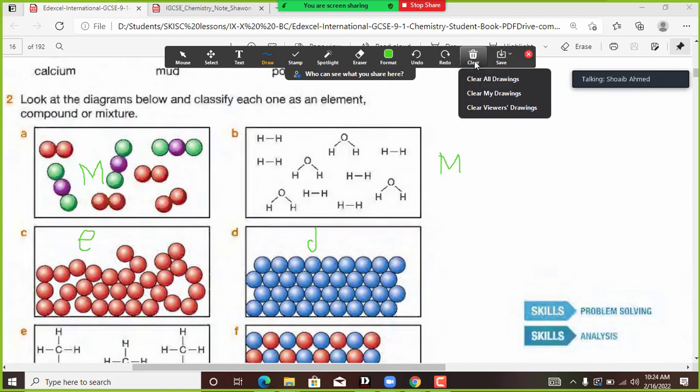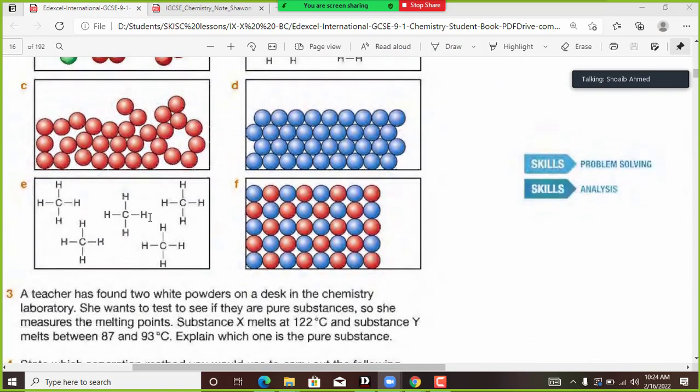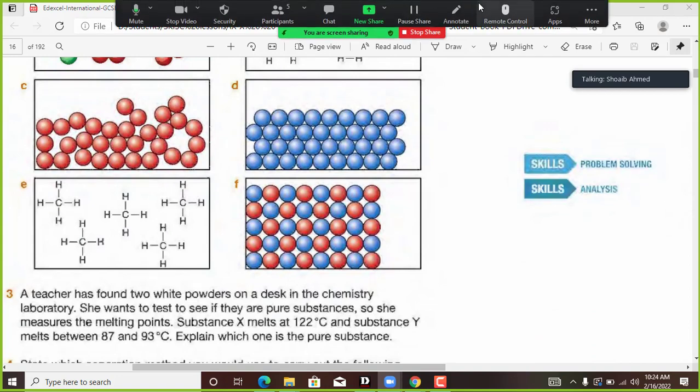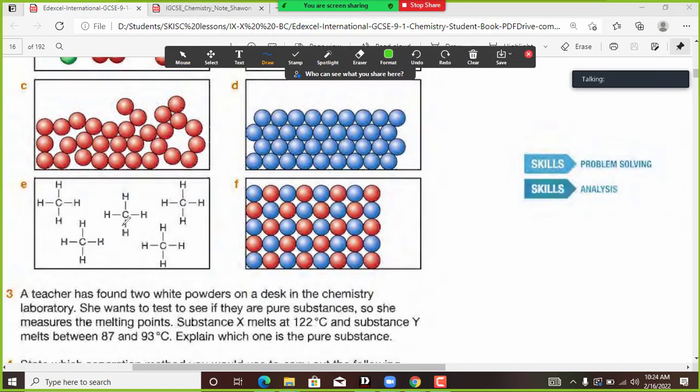Then E. Here is CH4, methane. It's a compound.